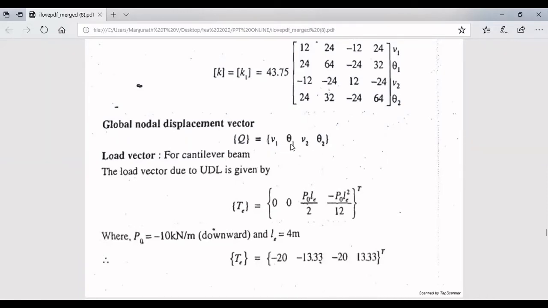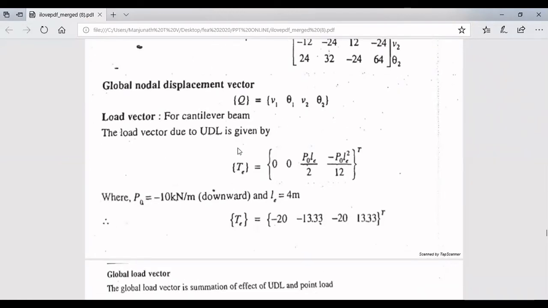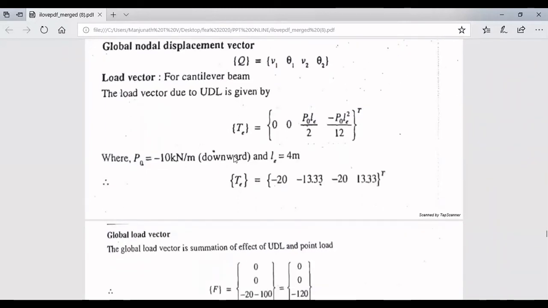Node number 1 V1 theta 1, node number 2 V2 theta 2. Similarly, we need to write the force vectors. Just consider the first element, we only have one element. For that element, by using the equation, node number 1 is fixed. If it is fixed, then no need to consider the force vector, so we can take 0, 0 at node number 1.